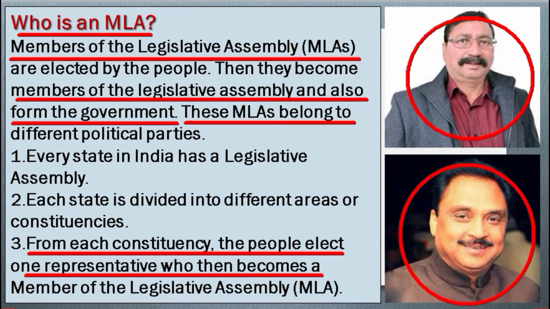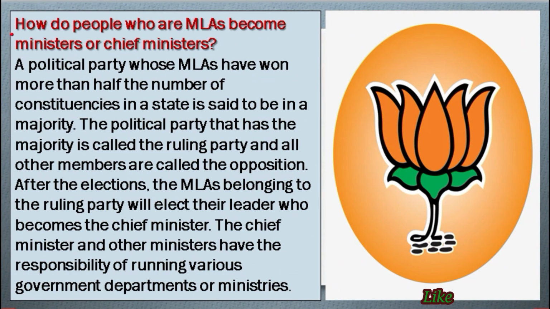Like in the present time, from most of the constituencies, MLAs are from the BJP party. So there is a BJP government in our state. Students, whereas all the other parties together are called the opposition party.